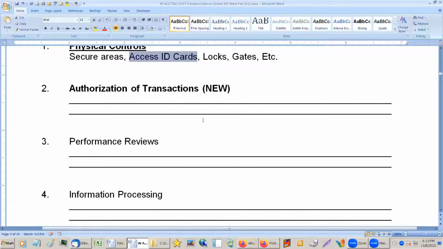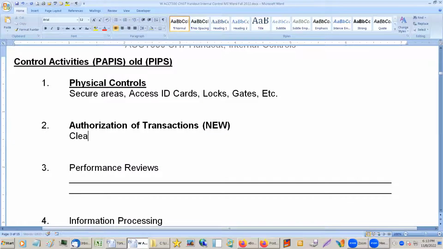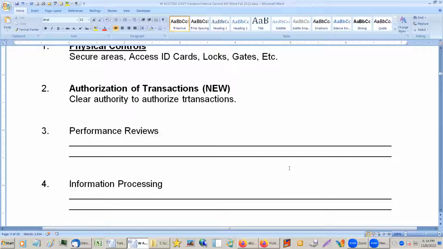Okay, authorization of transactions. So clear authority to authorize transactions, in other words, having somebody responsible for it.